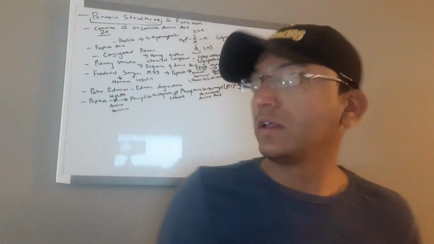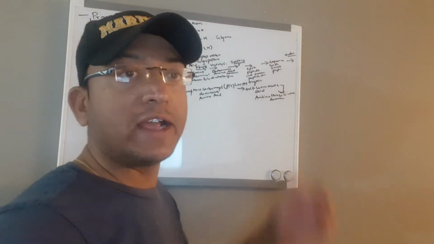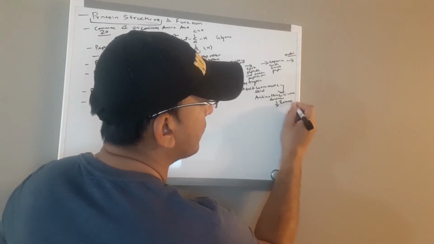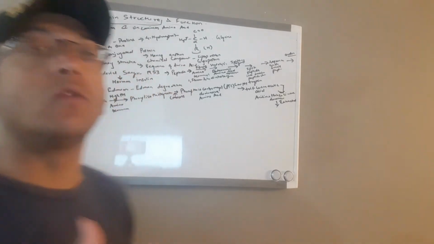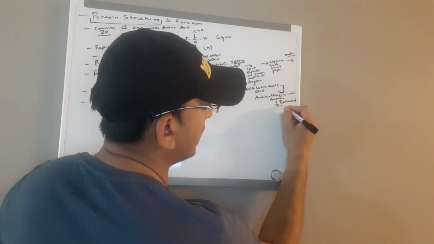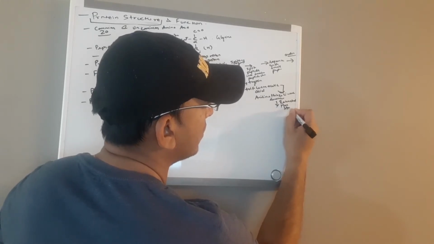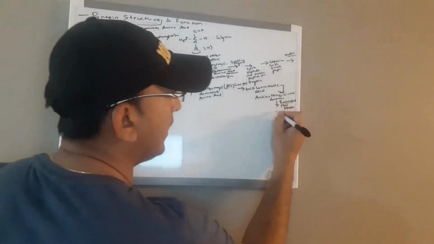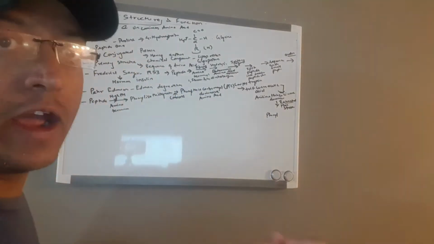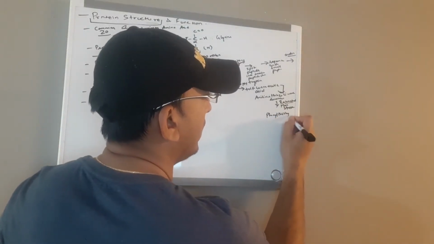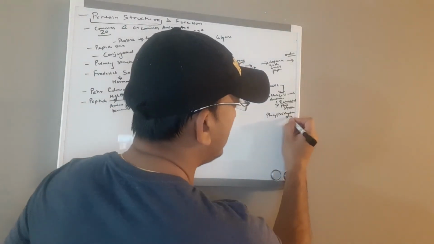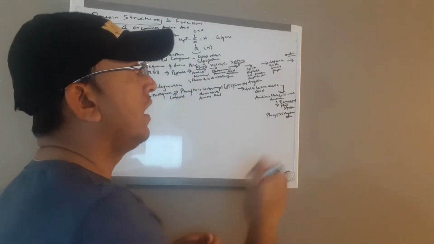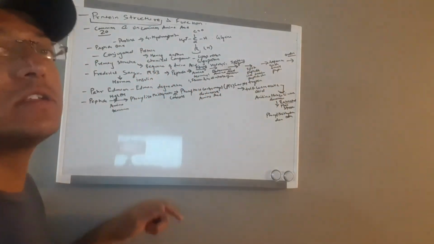Then this derivatized amino acid is extracted with organic solvent and converted to a more stable state, which is phenylthiohydrantoin, by treatment with aqueous acid.